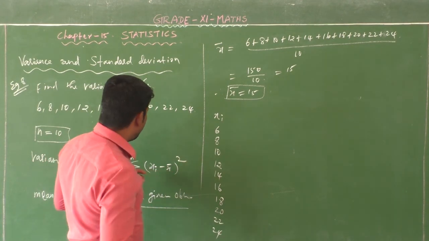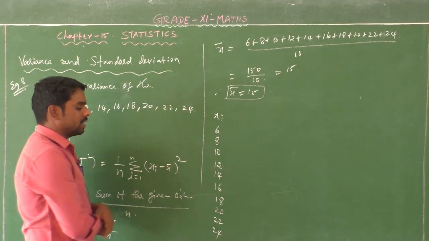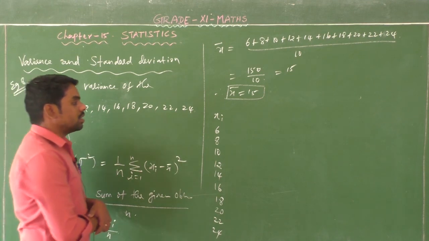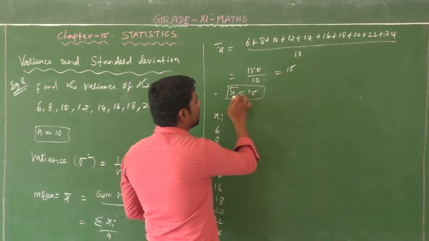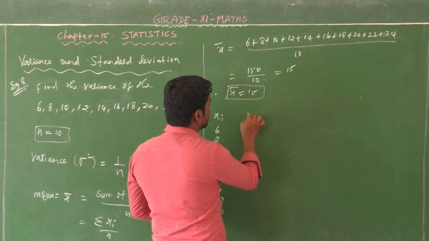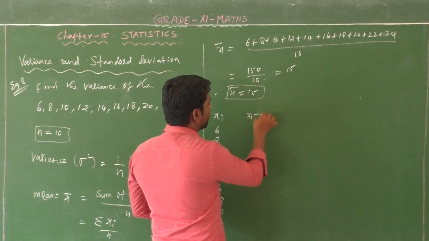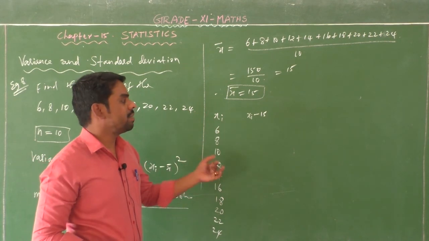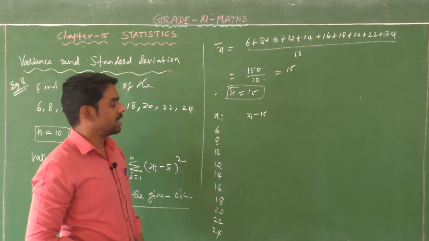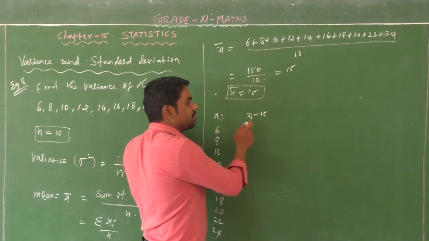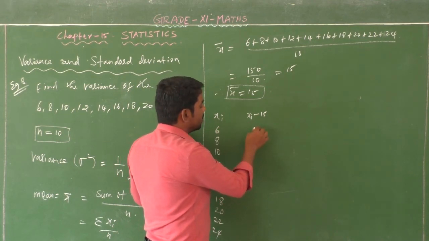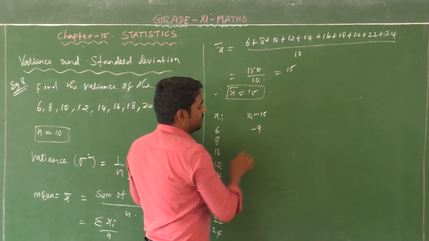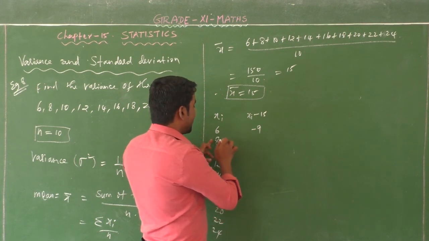Next, we need xi minus x bar. You know that x bar equals 15, so this is xi minus 15.